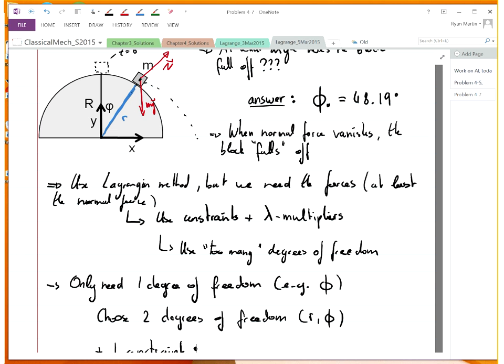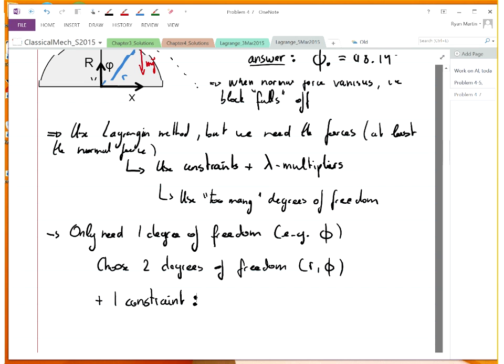What is the constraint equation that tells me that the block is constrained to move along the hemisphere? Try to think of the constraint equation between r and phi that allows you to eliminate a degree of freedom, if you wanted to just use the constraint and get rid of the degree of freedom before even starting the problem.